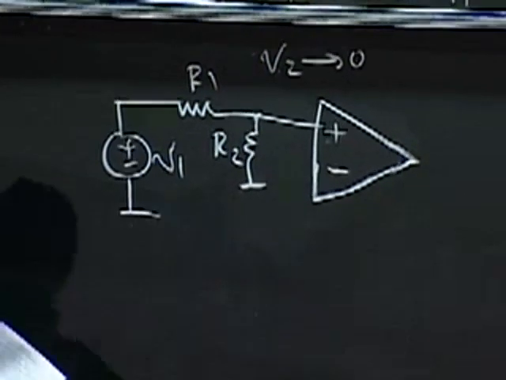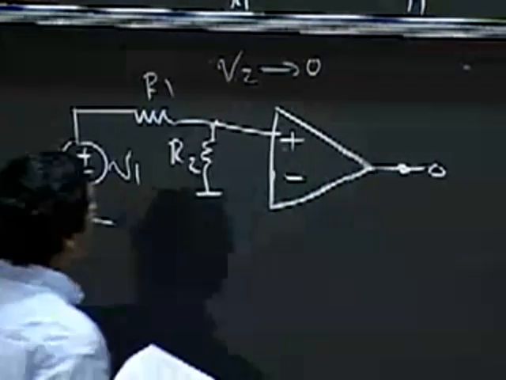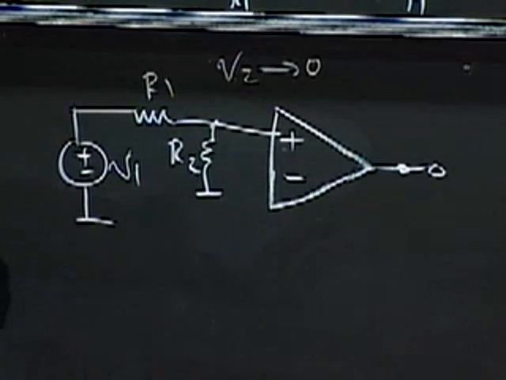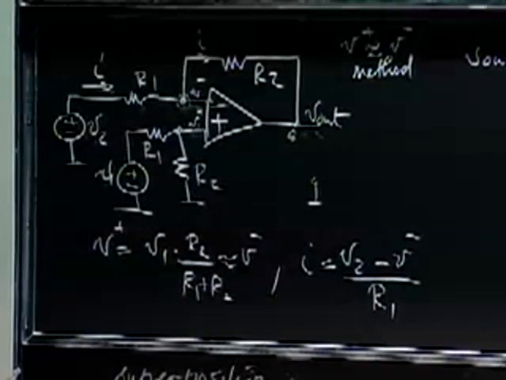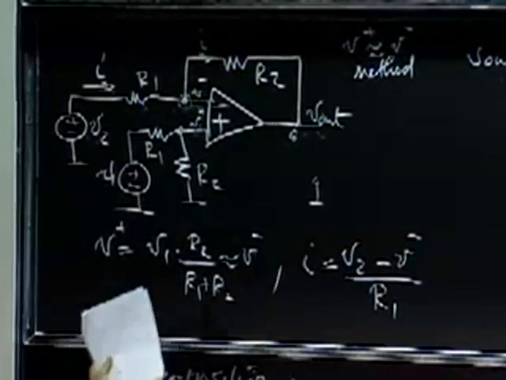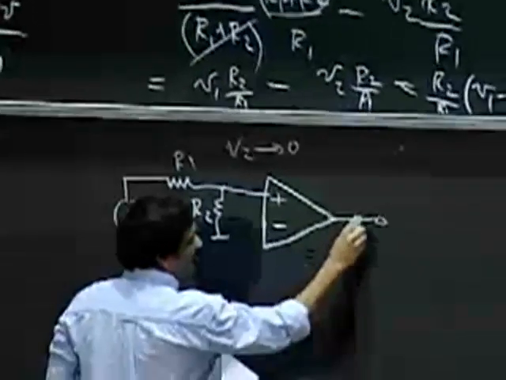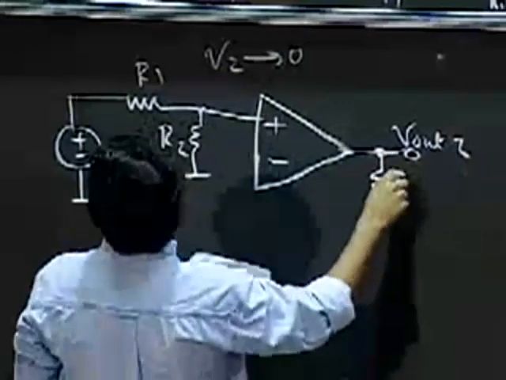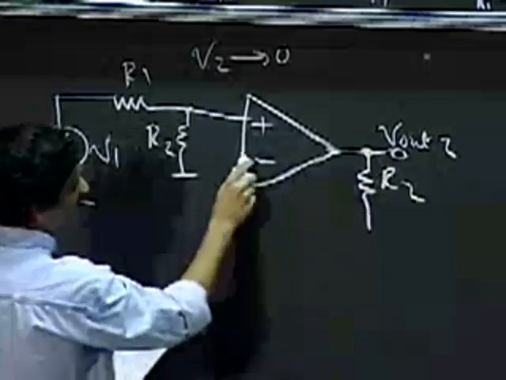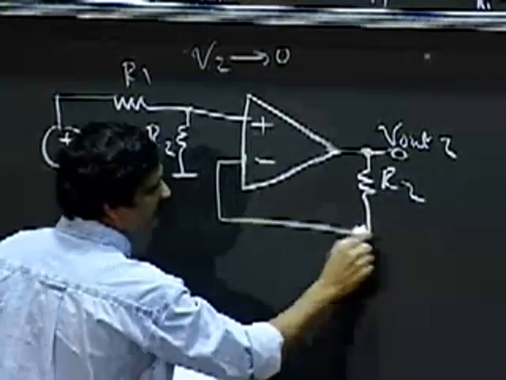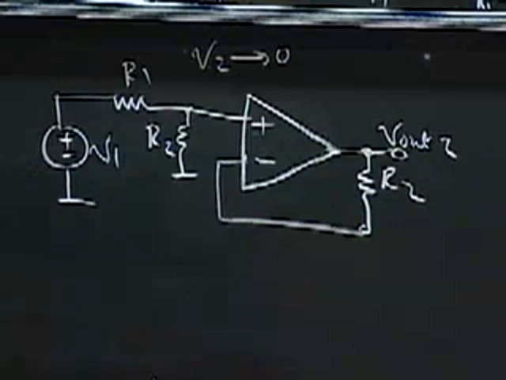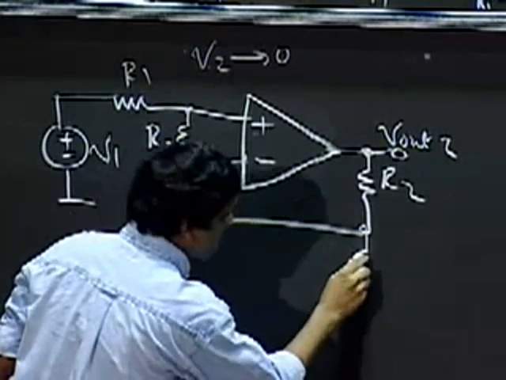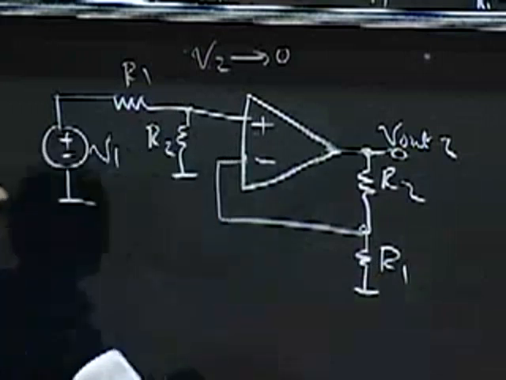When I short V2 to ground, the tail of R1 here goes to ground, and so it's as if the output V out 2 is connected to the minus input through a resistor. We'll draw it like this, and the minus input goes through a resistor R1 to ground.